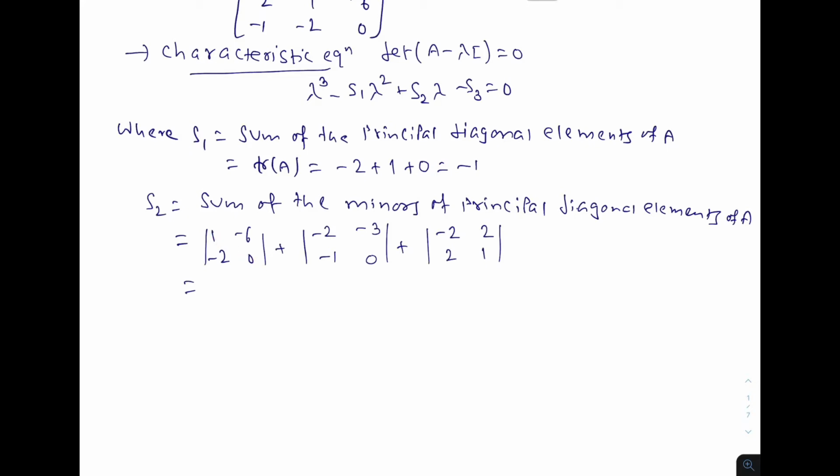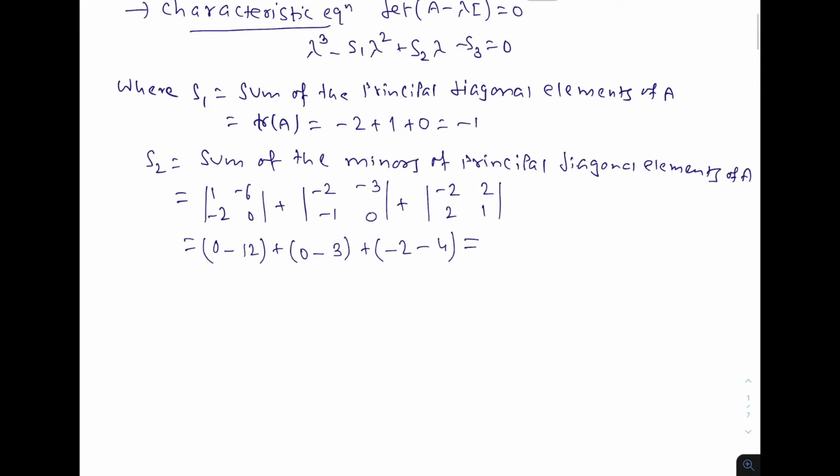So this is 0 minus the product of these two, that is 12, then plus 0 minus the product of these two, that is 3, plus minus 2 minus the product of these two, minus 4.